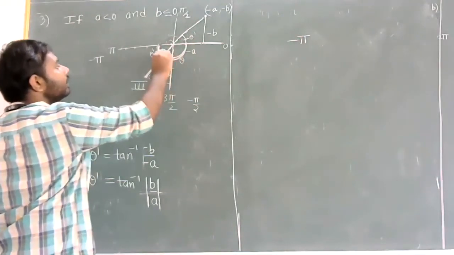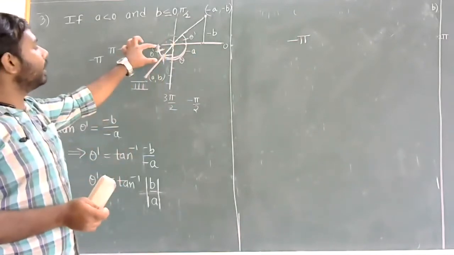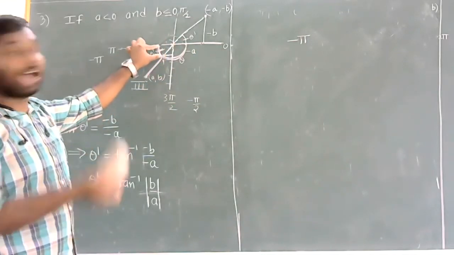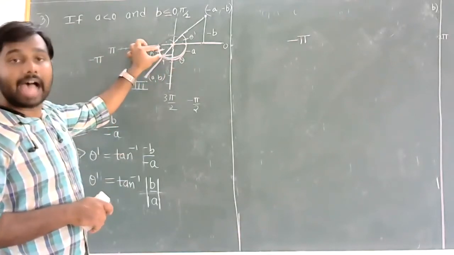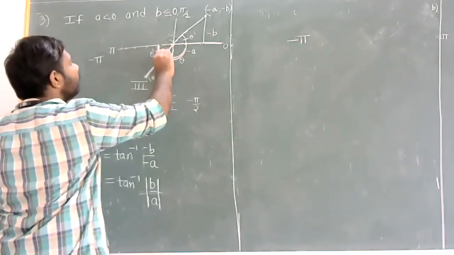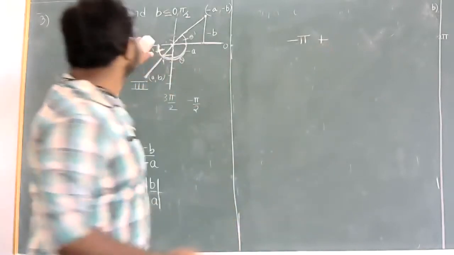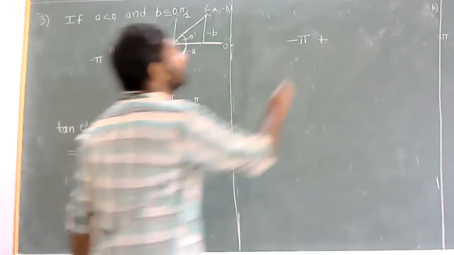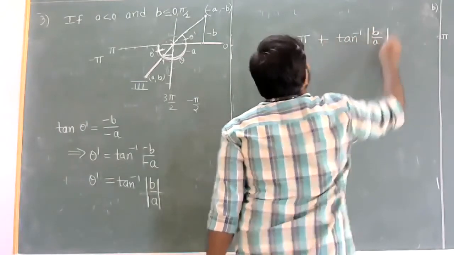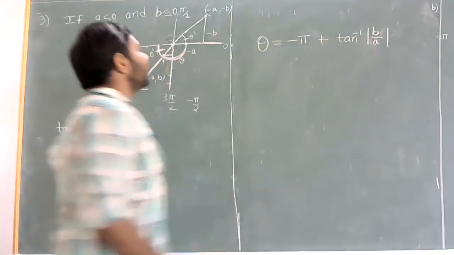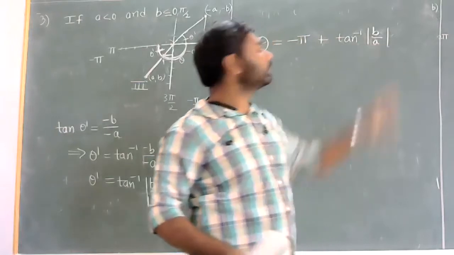So the total angle is minus pi, and to reach this one, I have to add something, because we have a negative value. So to come back, we have to add something. And what do we have to add? We have to add this angle, that is minus pi plus theta dash. And what is that theta dash? It is tan inverse of modulus of b by a. So hence, the required principal value of the argument of z is minus pi plus tan inverse of modulus of b by a.